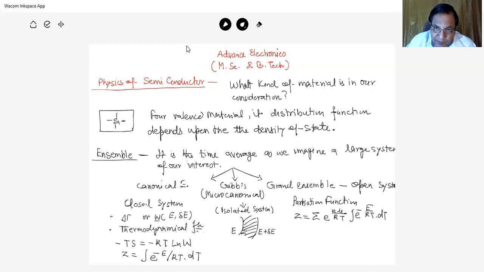And the chemical potential of the system is minus kT ln Z. This is your chemical potential.